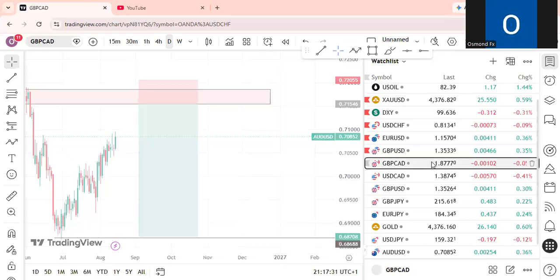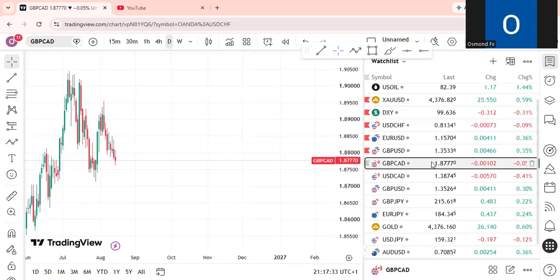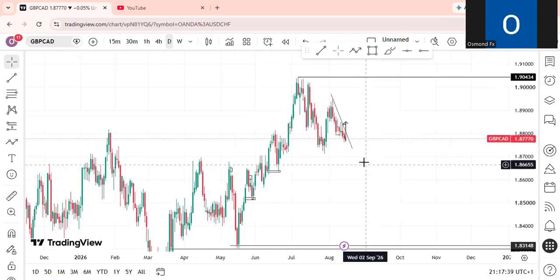Let's look at the CHF, GBP card. So on GBP card, don't really know what is going on.